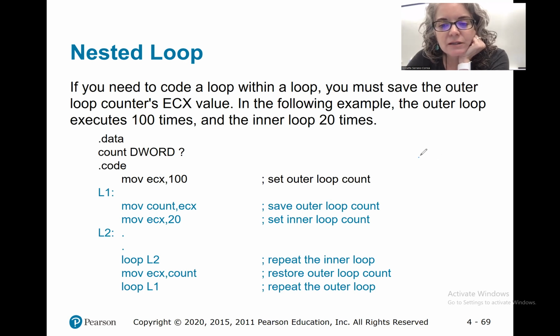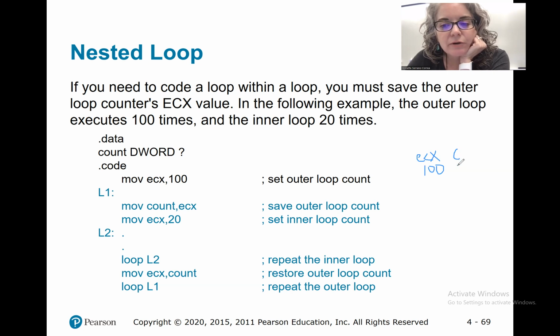So right now, ECX has 100. Now we have to move. Okay, so now we're going in here. And what they're doing is they're saving this outer loop counter into count. So count also contains the 100.